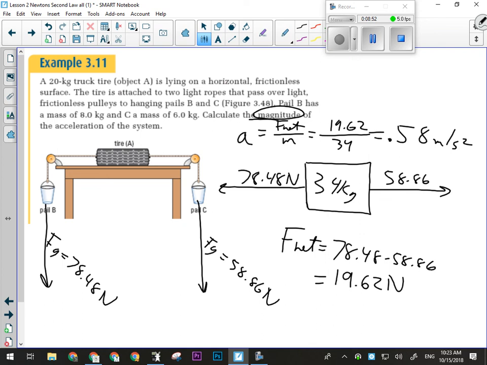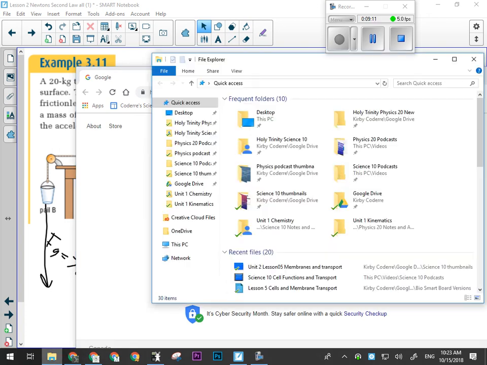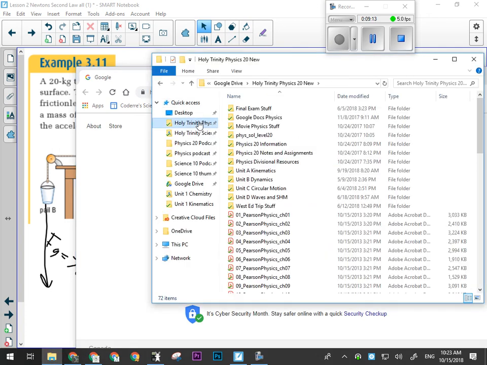What I want you guys to do now is get a little bit of practice using Newton's second law with entry level problems, moving towards tougher problems. So we're going to go to the workbook, and you're going to work on the first page of Newton stuff.